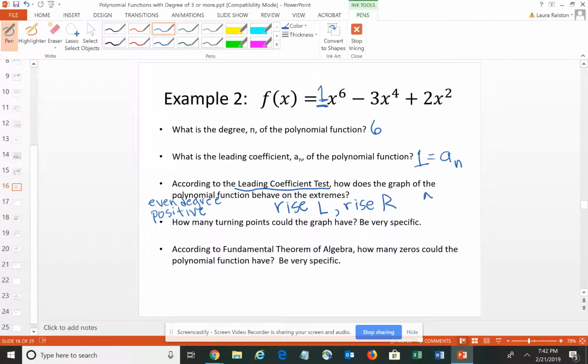So eventually it's going to go up on both sides. The number of turning points would be at most. Okay, and then remember, you got to do a little calculation here. You got to do the degree, which is 6, minus 1, which is 5. So we have at most 5 turning points.